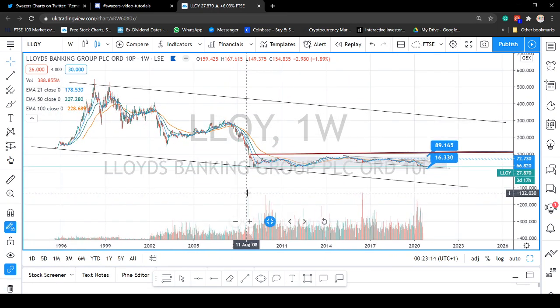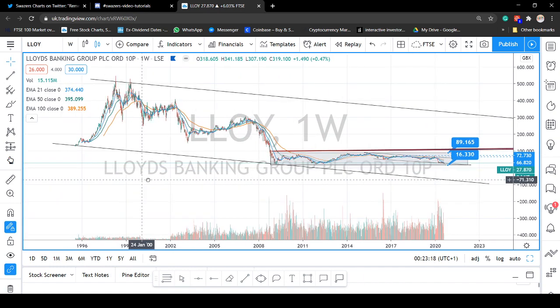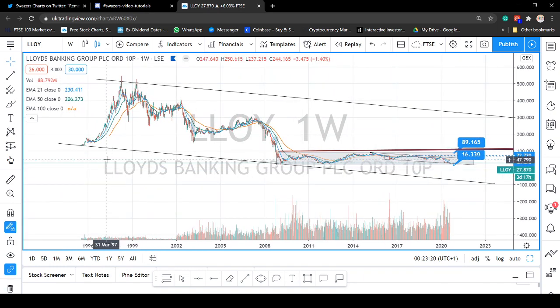The super macro view with Lloyd's, it's been a downtrend since day one. Since day one, this stock has been creating a downtrend all the way from when it floated in 1996, and then it came up to its all-time high, touched 545p, and it's been pretty much downhill ever since then.